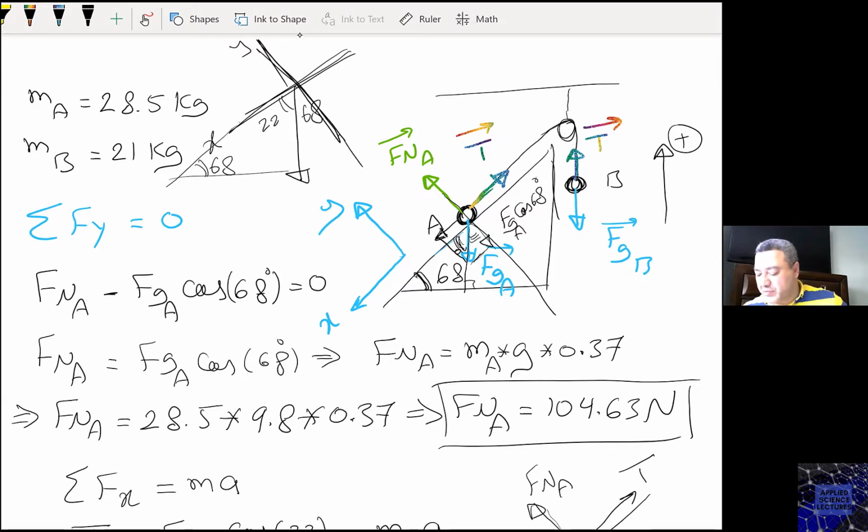So it doesn't matter. If you project this on this axis, it is cosine 22. If you project on this axis, it is cosine 68. So this one is cosine 22 if you project it on the x, or you can say cosine 68 if you project it on the y.